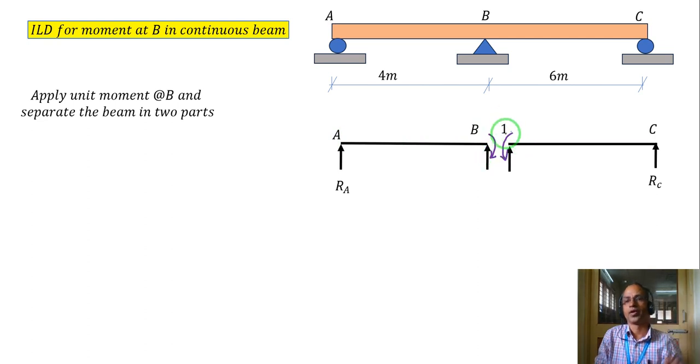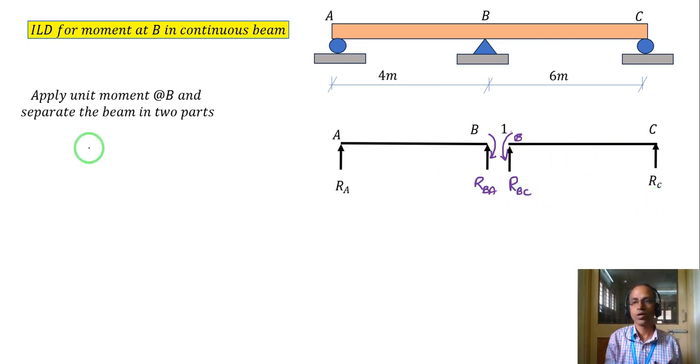This unit moment is applied at the support B. So now this will have a reaction. Let us say this is RBC, and this is RBA. So we have portion AB separate and BC separate. The next step is to find the reactions RA, RBA, RBC and RC.